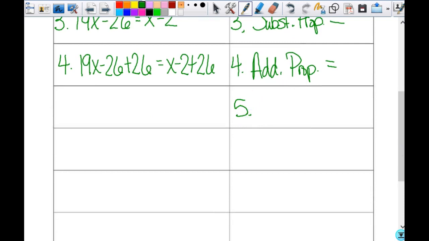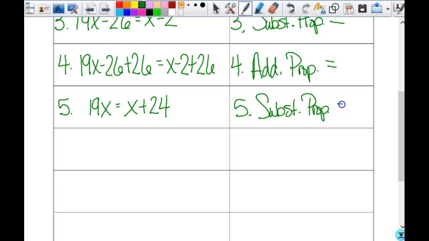So then I can clean it up a little bit. On the left, I'm left with 19x. It's equal to x plus 24. That's your substitution property of equality. Then I've got to subtract the x, right?